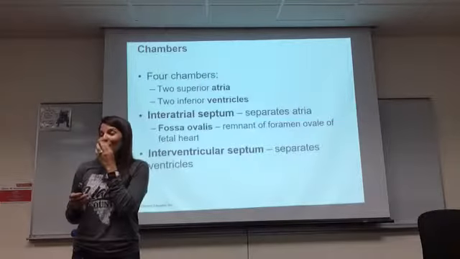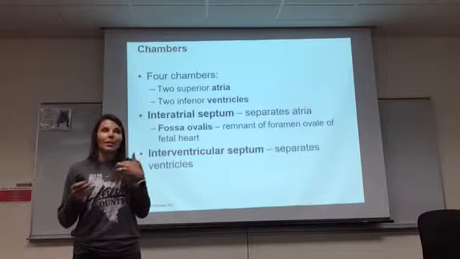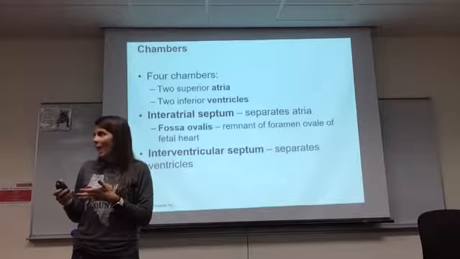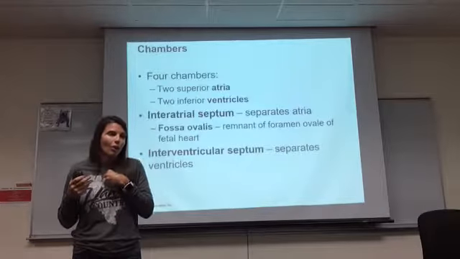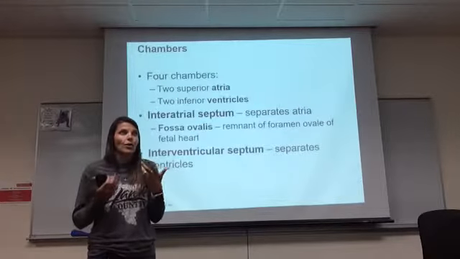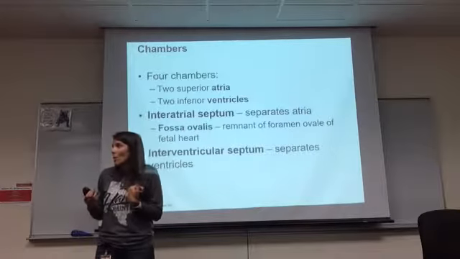It kind of is like an airbag, but the baby has to take in oxygen in order for that to happen, to close. So you do have this small little scar, little hole. It's called the fossa ovalis. It's just showing us that that's where that hole once was.